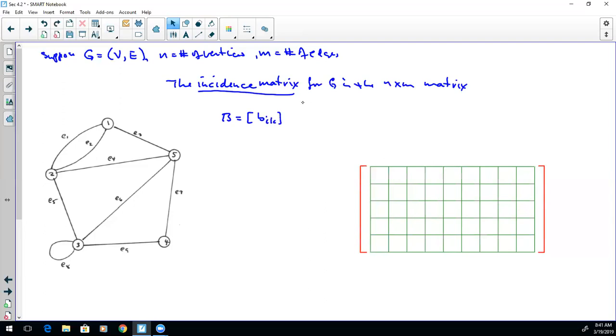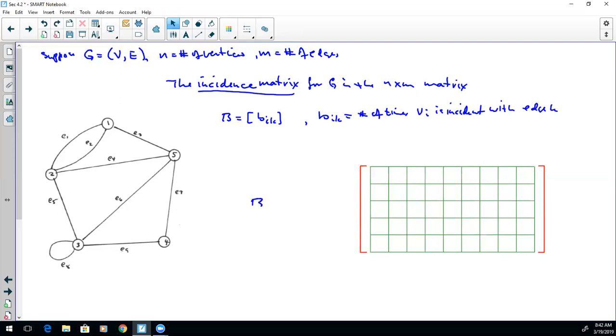We're going to call its entries B sub I K, from row I and column K, where the entry in row I, column K is the number of times vertex I is incident with edge K. That'll make sense after I get this here.